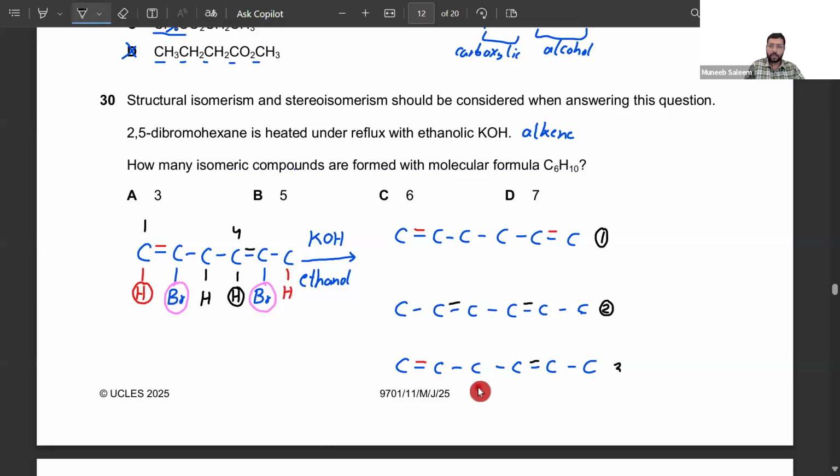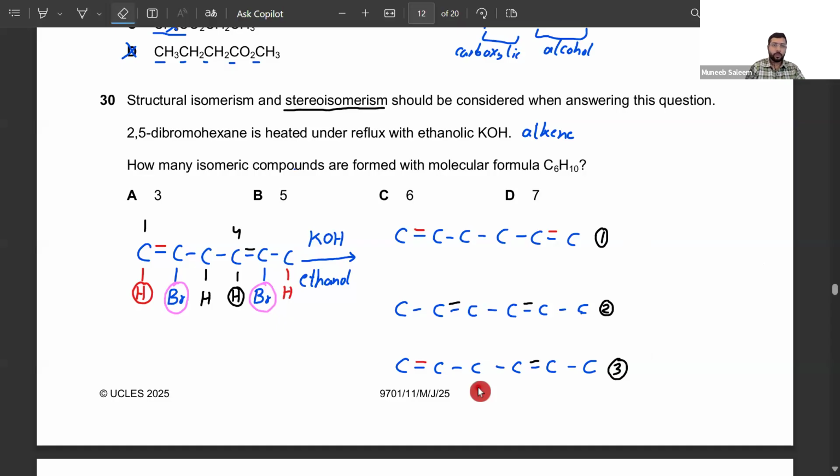This is my third structural isomer. All these three are structural isomers only. I have not included any of the stereoisomers right now. No stereoisomer is yet decided. So the three structural isomers are formed as a result of these three different combinations of removal of the elements from one single compound.